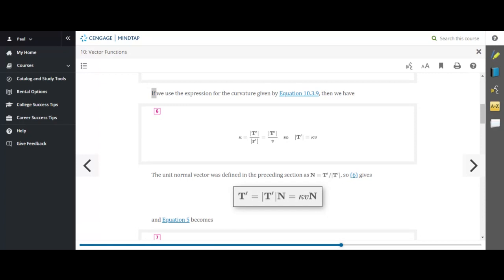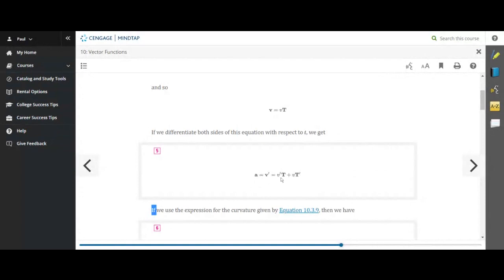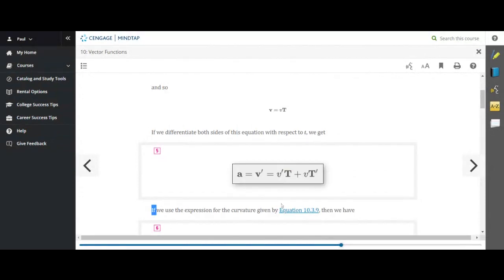And so this means that in the acceleration vector up here, on the right-hand side after the plus sign, you have the speed times the derivative of the tangent vector.